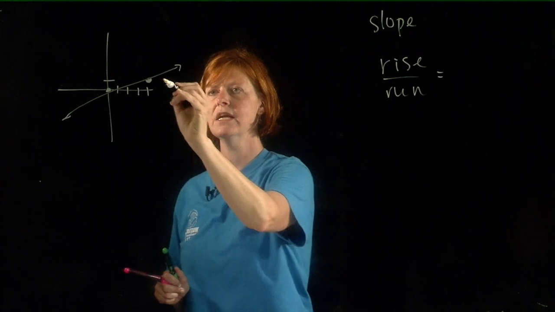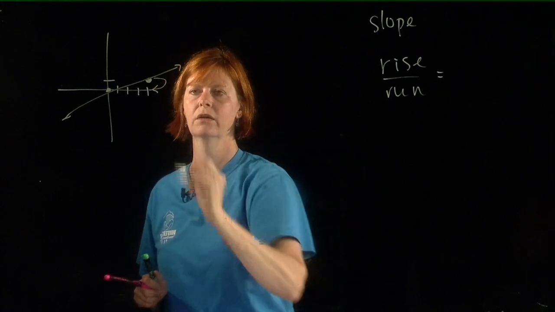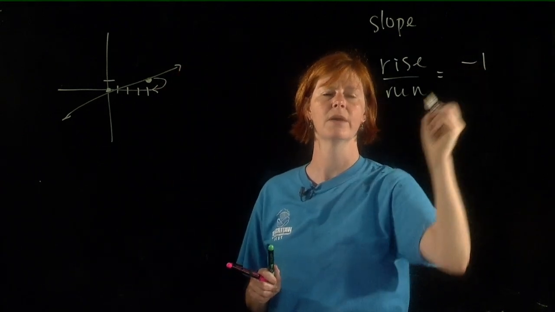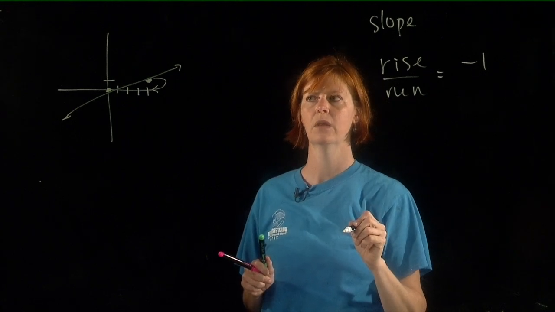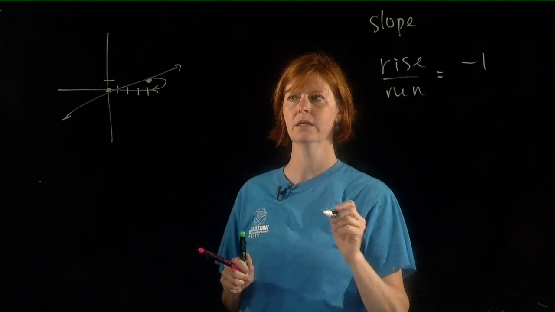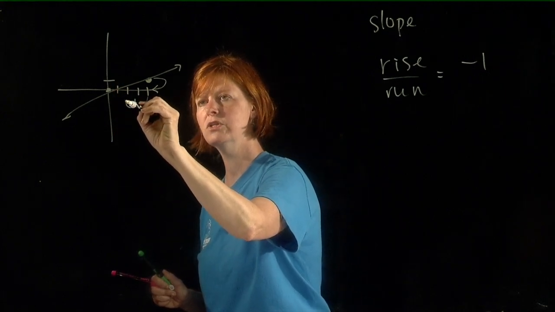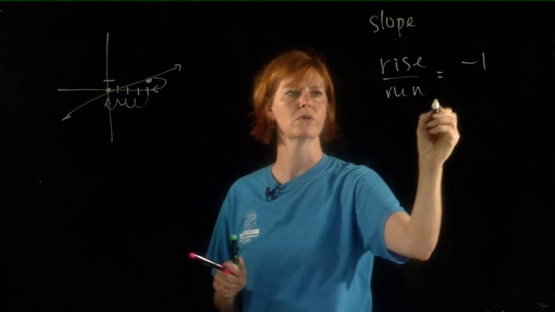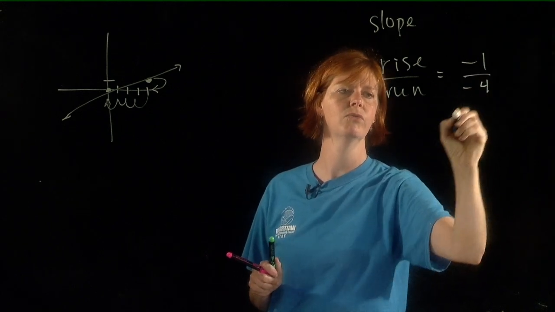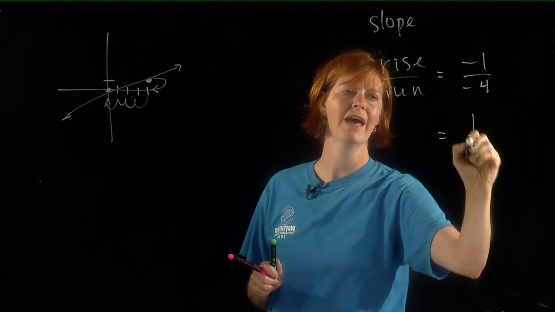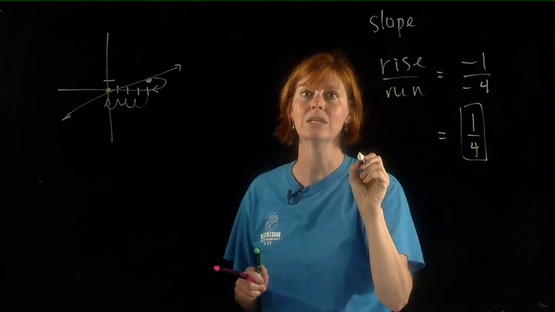Let's say this time I went from here to here. That was my rise, that was a -1. Then my run: this time I have to run that way to get to my other dot. 1, 2, 3, 4. So that run was -4. But ultimately, that still came out positive, as it should.